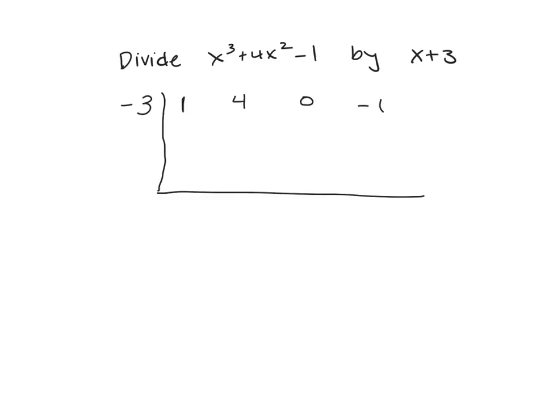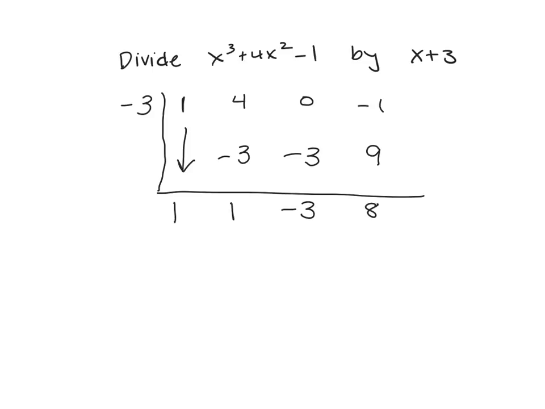And so now we are going to go through our steps. 1 times negative 3 is negative 3. 4 plus negative 3 is 1. 1 times negative 3 is negative 3. 0 plus negative 3 is negative 3. Negative 3 times negative 3 is 9. And negative 1 plus 9 is 8.